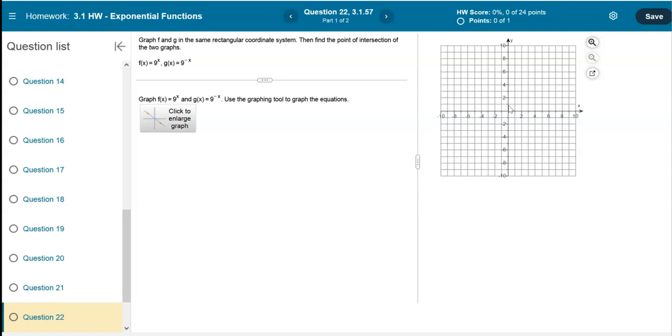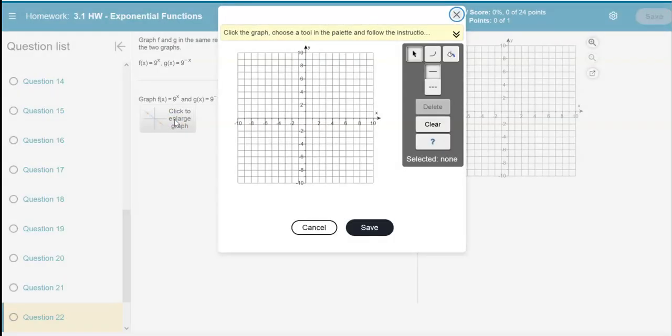So we need to figure out how to use this graphing tool to graph both of these functions. What I'm going to do is click to enlarge the graph. That's where we have to graph.